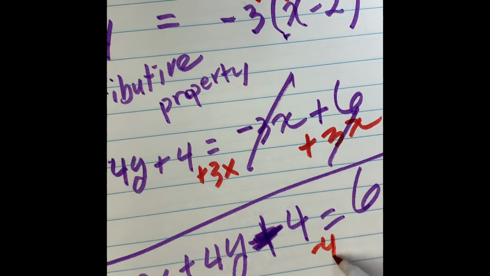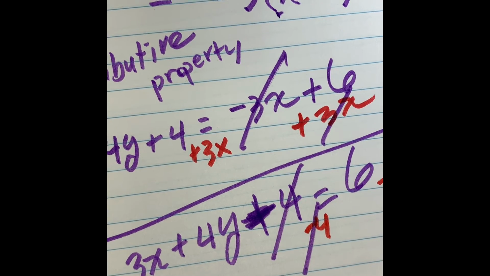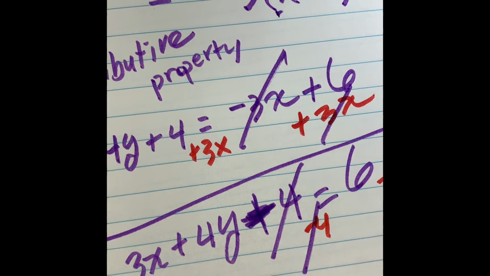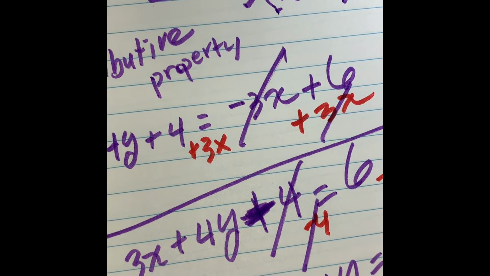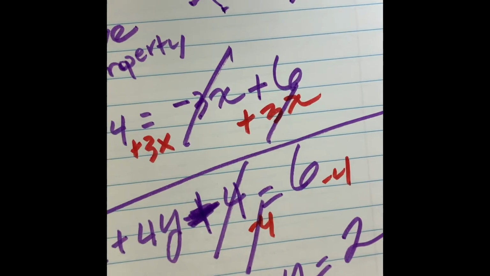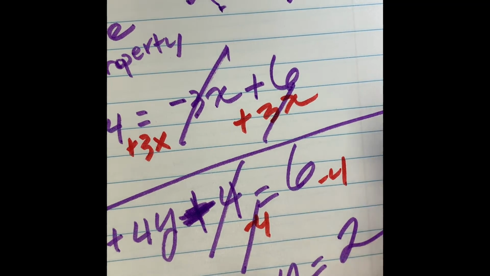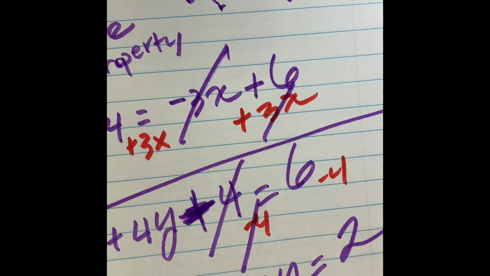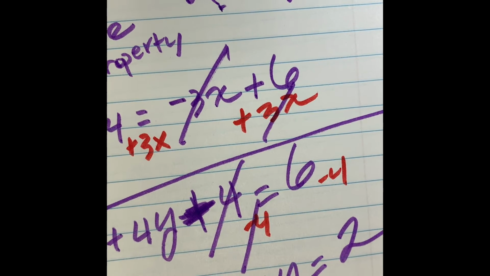Minus 4, and then cancel. So it'd be 3x plus 4y equals 2. Good. Excellent. When you look at 3, 4, and 2, 3 is positive, so good. Can we cancel those numbers? No, because the common factor for all three numbers, 3, 4, 2, is only 1.